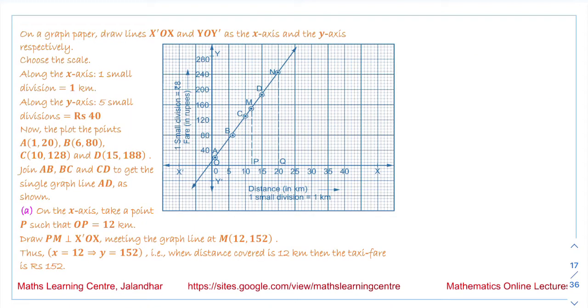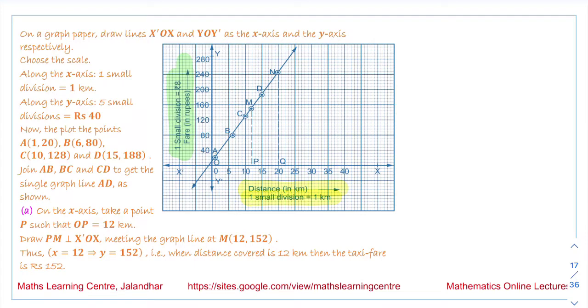On the graph paper we have plotted all these points. What is the scale over here? It is important to mention that one small division on the x-axis represents 1 kilometer, and one small division on the y-axis represents rupees 8.